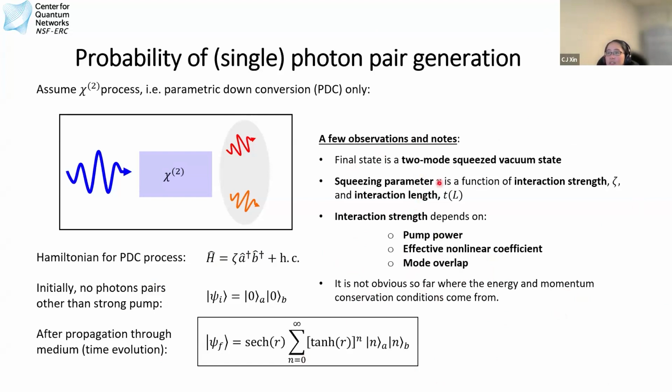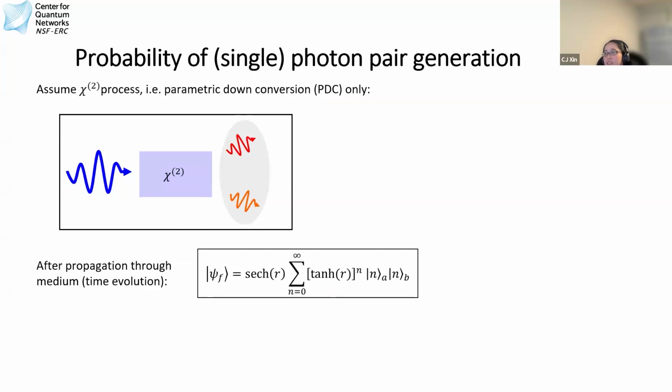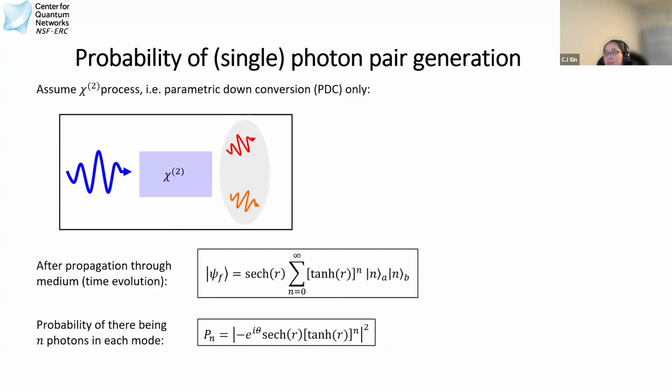Anyways, after this little aside about the gnarly math and deriving the final state, we use the final state and calculate the probability of there being n photons in each mode.